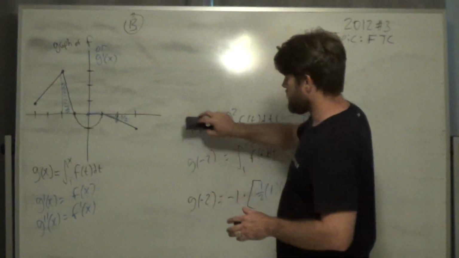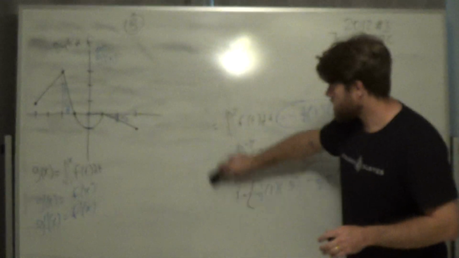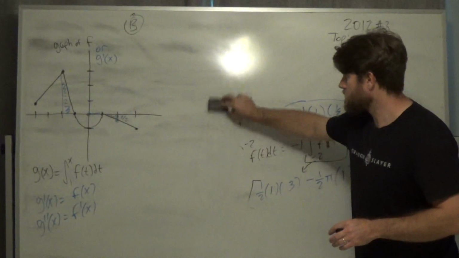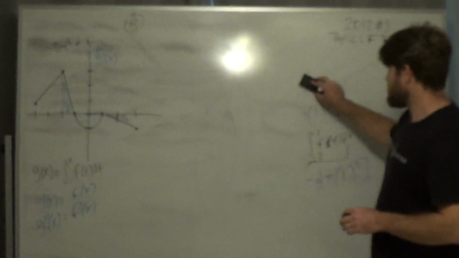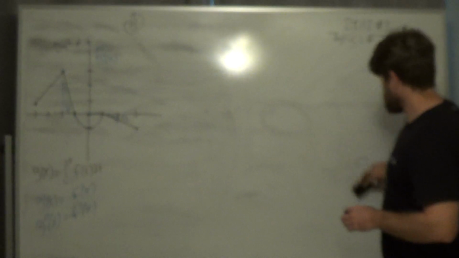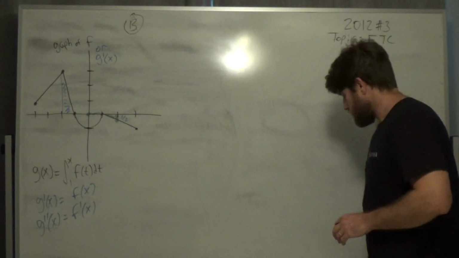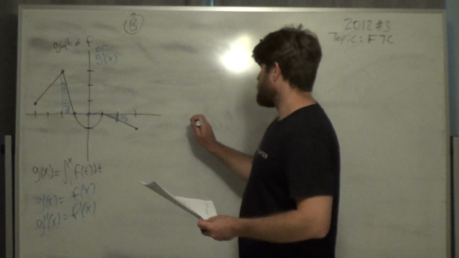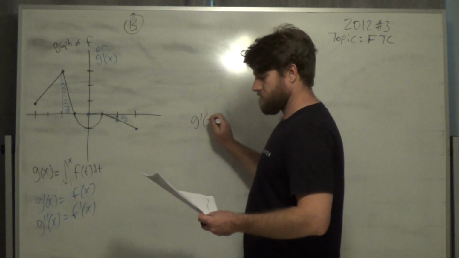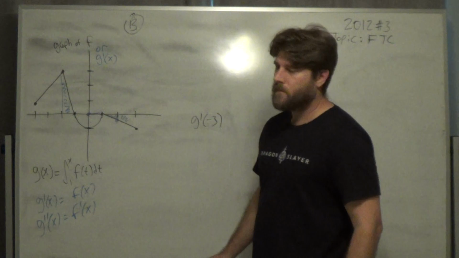So now we're going to go to part B. All right. For part B, they ask us to find G prime of -3.